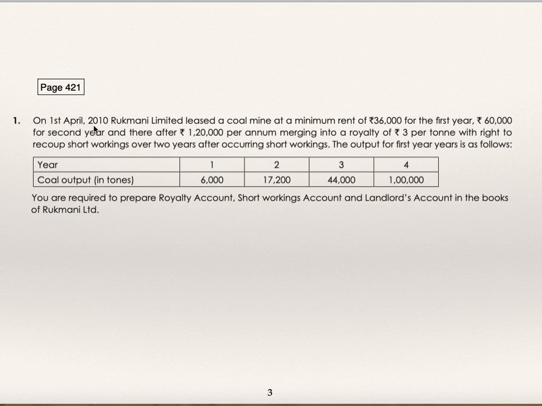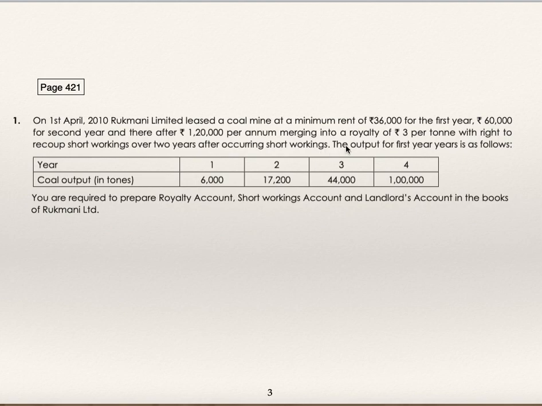On 1st April 2010, Rukmini Limited leased a coal mine at a minimum rent of rupees 36,000 for the first year, rupees 60,000 for the second year, and thereafter 1,20,000 per annum, merging into a royalty of rupees 3 per ton, with a right to recoup short working over 2 years after occurring short workings.